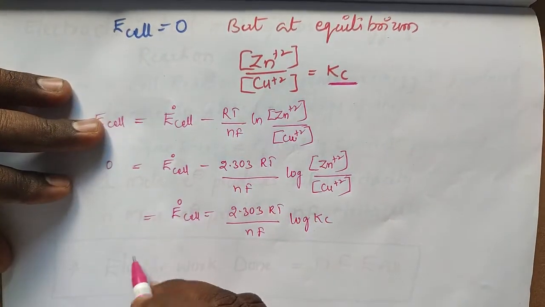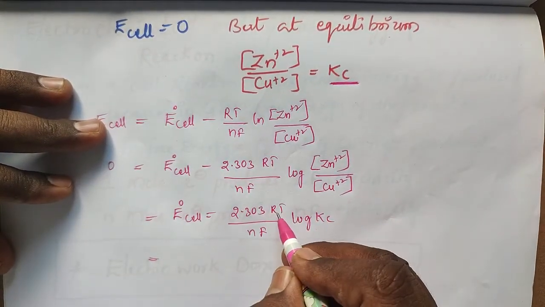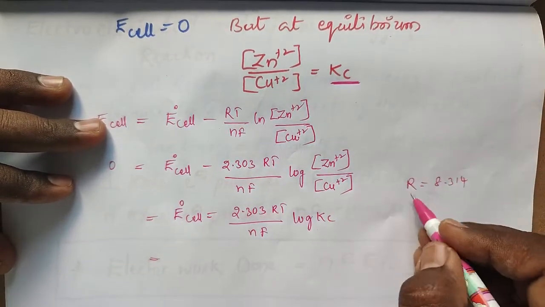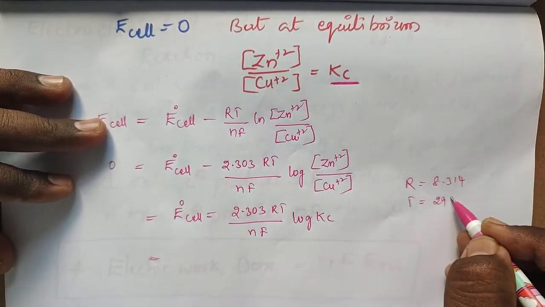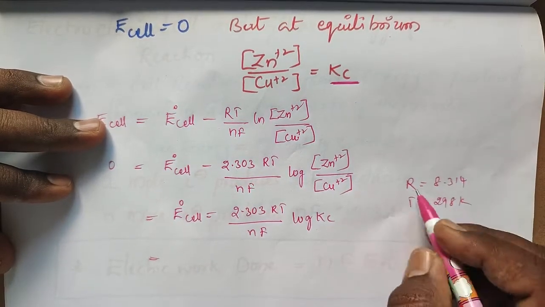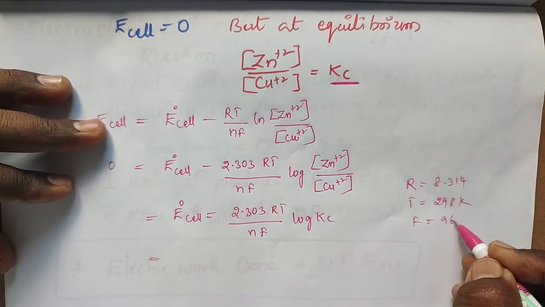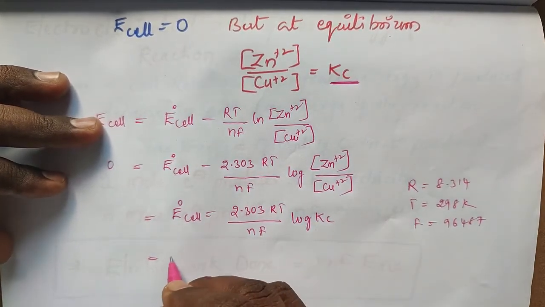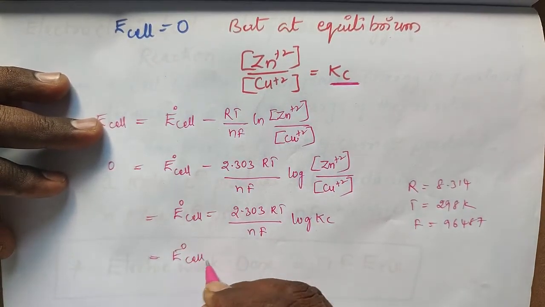Substituting the values, R is 8.314, T is 298 Kelvin, and Faraday's constant F is 96487 coulombs, we get E naught cell.